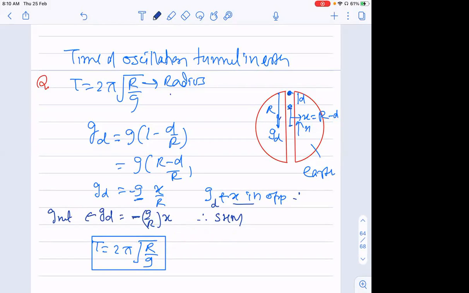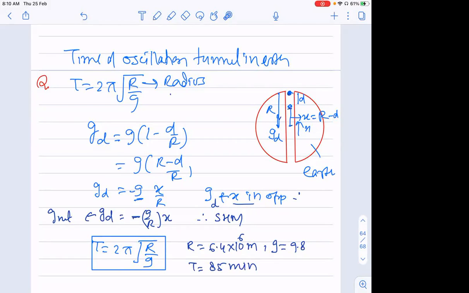R is the radius of the earth. If you put the value of r, 6,400 किलोमीटर को मीटर में कन्वर्ट कर लो, and g 9.8, so t will be nearly 85 minutes.